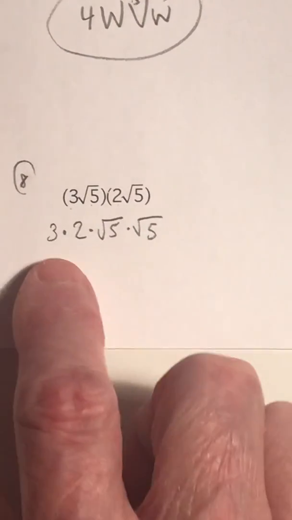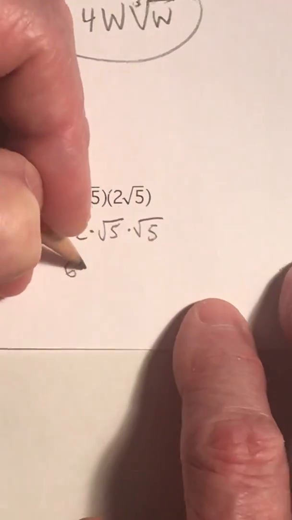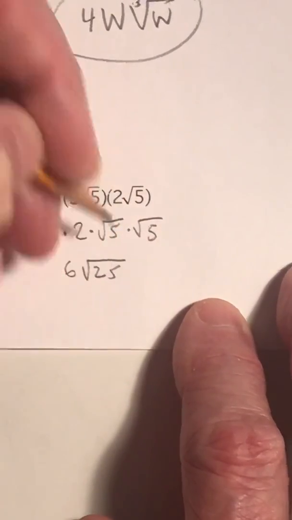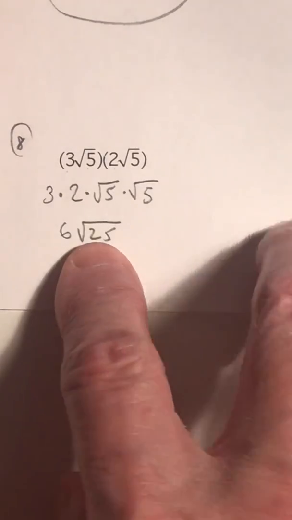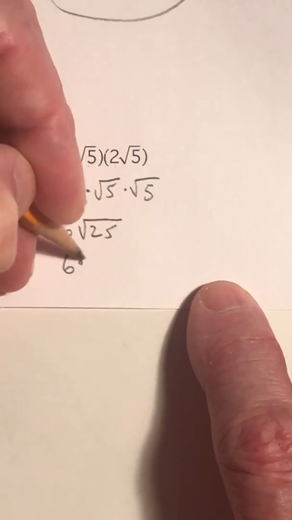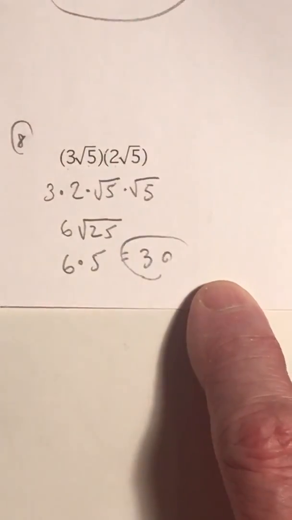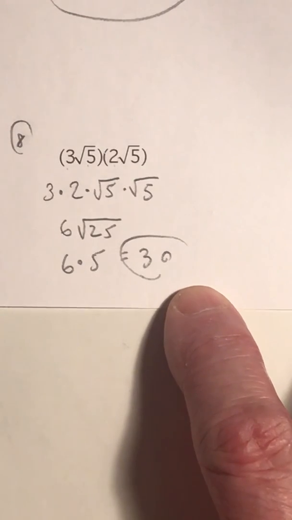And this is handy because I can just change the 3 times 2 into a 6. I can change that into square root 25, and that's lovely because that's a perfect square. That becomes a 5, and so my final answer here is a plain old 30.